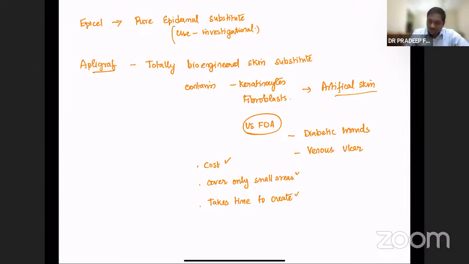So these are the limitations of ADrPLEXUS. I know this dermal substitute question is a bit theory, but I just wanted to make you aware of all these newer terms that can be asked in your examinations.